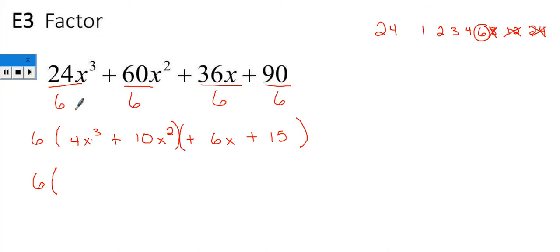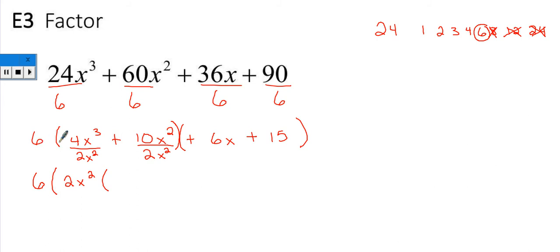And then I'm going to look for a GCF between these two. 4 and 10 will both divide by 2. They have an x in common. And the highest power that will go into both of them is a 2. So my GCF is 2x squared. And what that will leave me, and don't panic over the double parentheses.